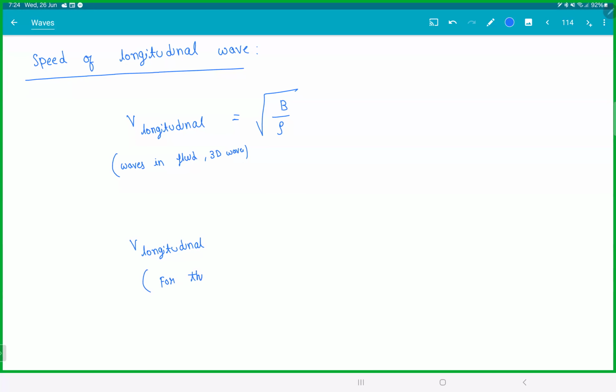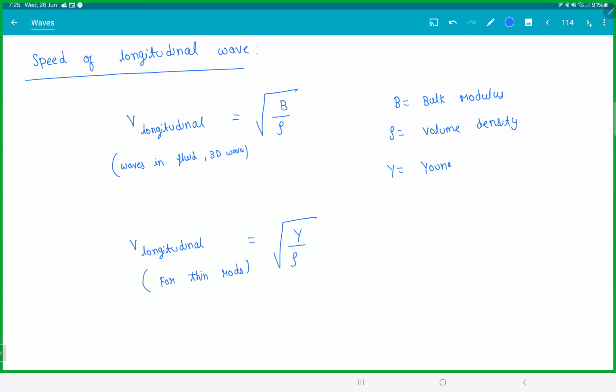Now in a rod, there's no meaning of bulk modulus for thin rods. The formula becomes root over Young's modulus by rho. B is your bulk modulus. The rho is your volume density, not mu. And Y is your Young's modulus.